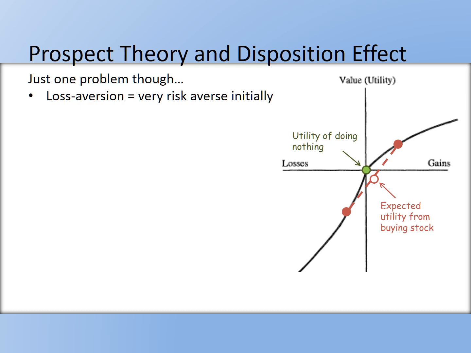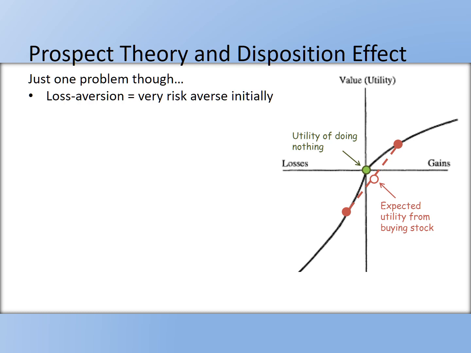Concavity means the function of the average is going to be higher than the average of the function of the individual points. So it's concave, just like this one, right?